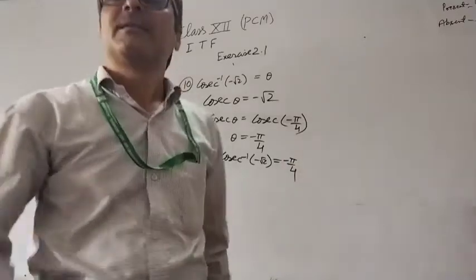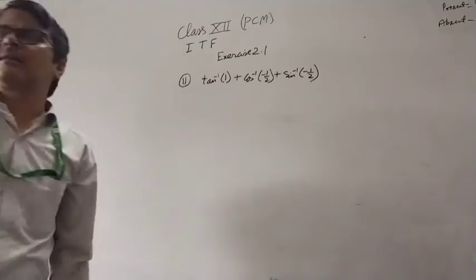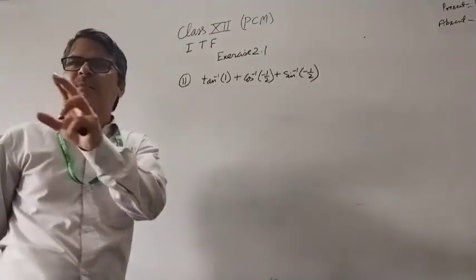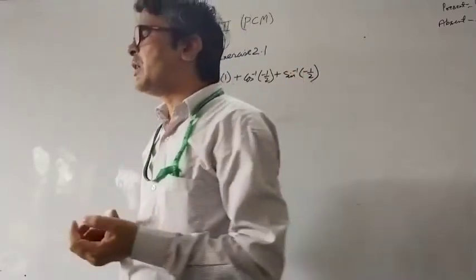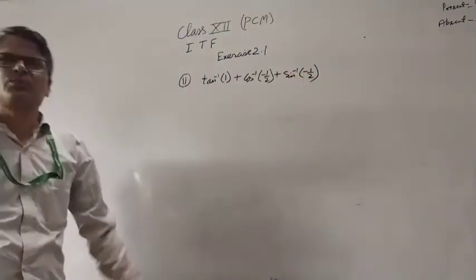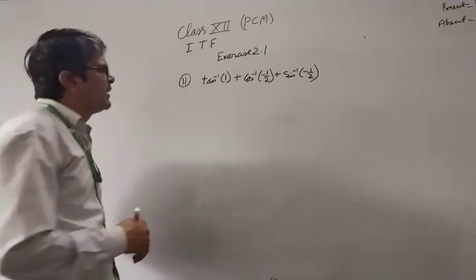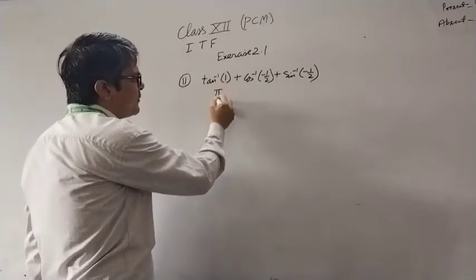And if you are appearing in any entrance examination, you can directly write the value. But in board examination, you have to show the steps. In case of tan inverse 1, everybody knows the value of tan inverse 1 is pi by 4.